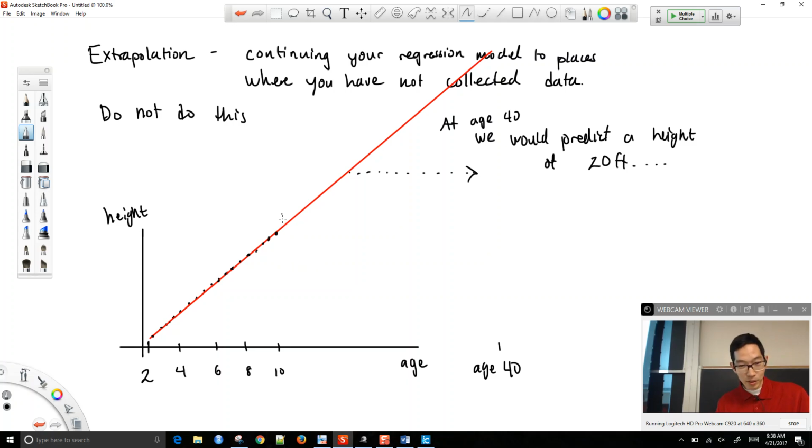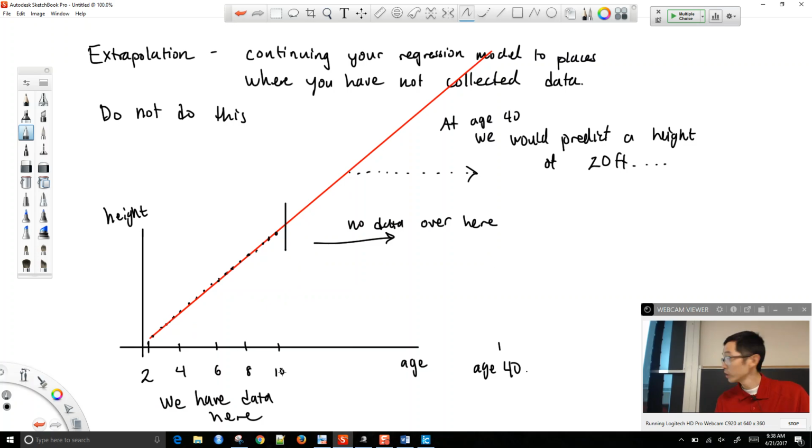So this is the region where we've collected data. We have data here, and we have no data out over here. Once you have no data, you really have no idea what's going to happen.